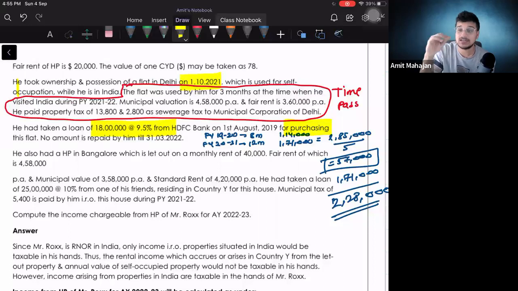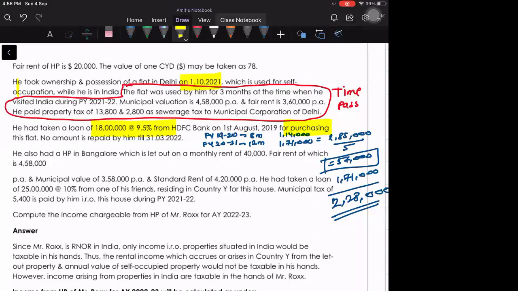They will give you specifically the date on which he took a loan and the period of construction. They will give some hint so that you understand you need to compute pre-construction and post-construction. Here it is not given, so directly 25 lakhs into 10%. So it will be 2,50,000.